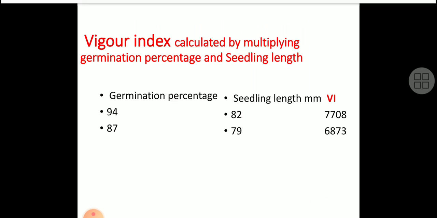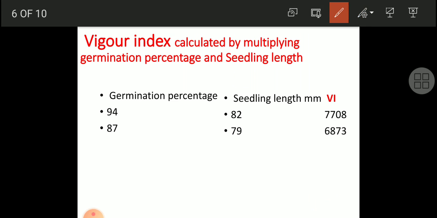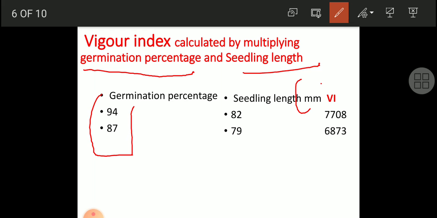Now vigor index, isn't it? How to calculate the vigor index? A very simple formula for vigor index is there. It is calculated by multiplying germination percentage and seedling length. Here germination percentage is given as 94, and seedling length is 82 mm, and multiplication of 94 into 82 is equal to 7708.